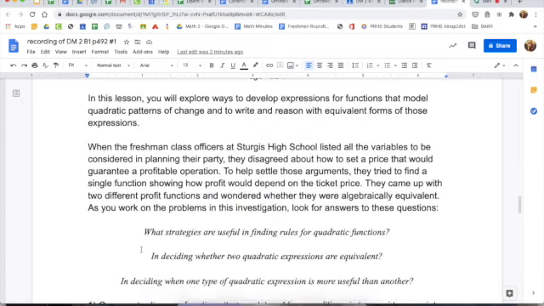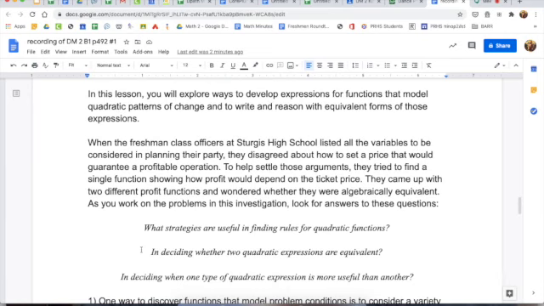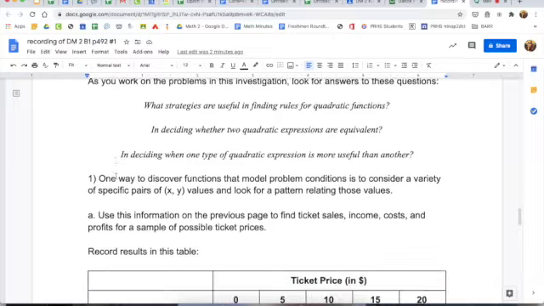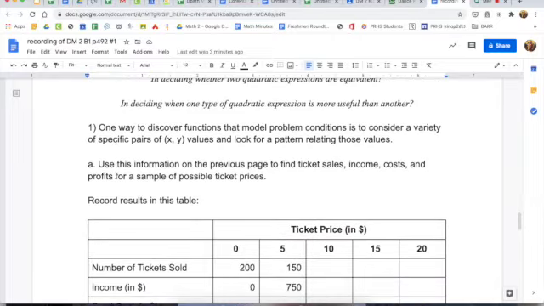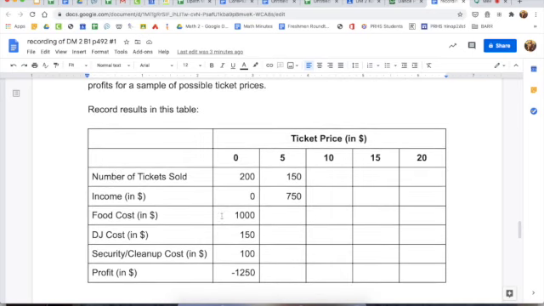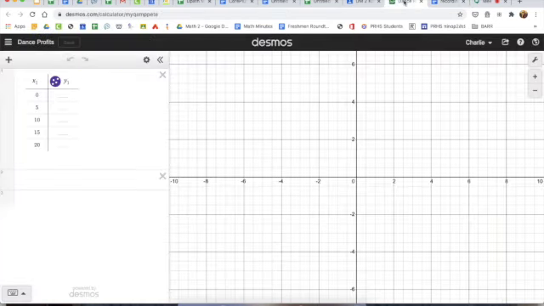Your job for the rest of this assignment, please read the rest of the instructions. Work out the ideas that we've started here. We've done some of this work already together. Finish filling out this chart. And what you're going to do is use Desmos to make a graph of the different prices we could charge and the profit.